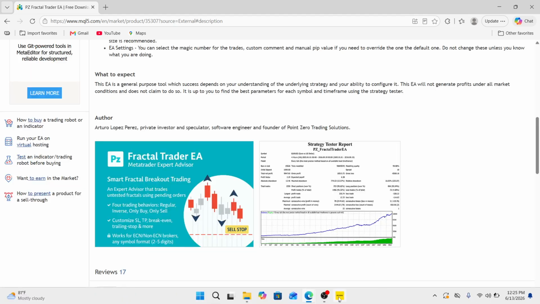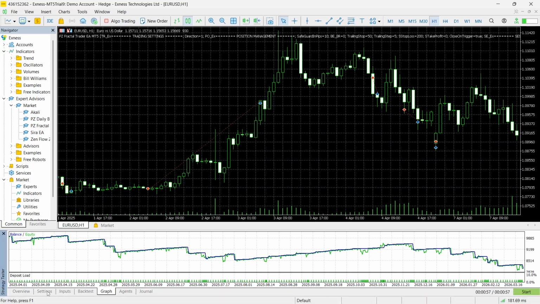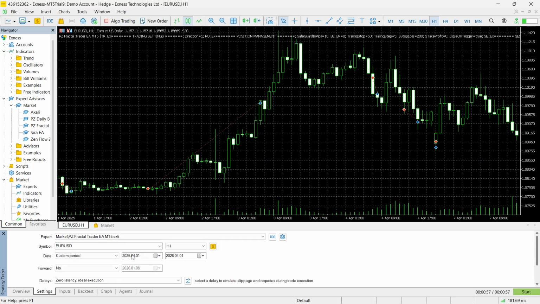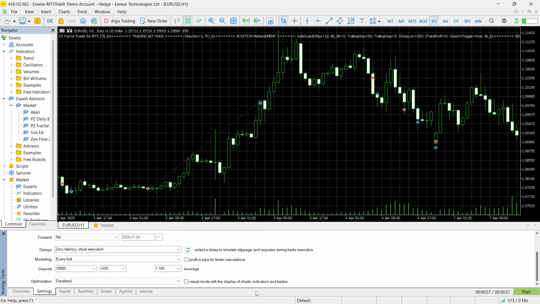All right, so I ran this EA on what looks like roughly a year of data, ranging from the 1st of April 2025 to the 1st of April 2026. As you can see, I used the same parameters as the developer used in his strategy test, the EUR/USD pair on the 1 hour time frame.